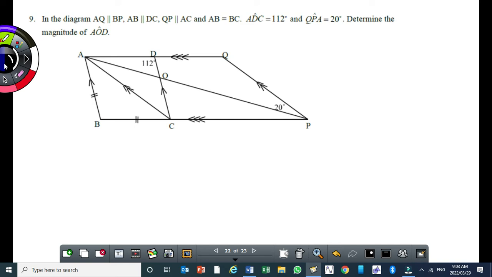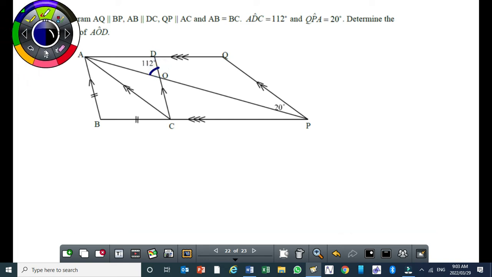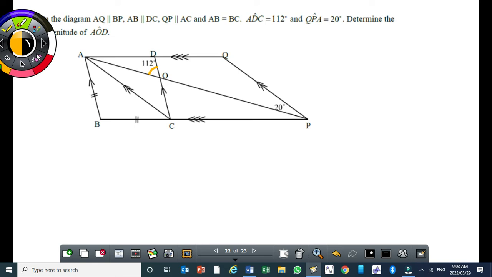Okay, that's given there. ADC is 112, QPA is 20. Determine the magnitude of angle ADC. Let me highlight it nicely. Use a clear color there. So that's the angle.